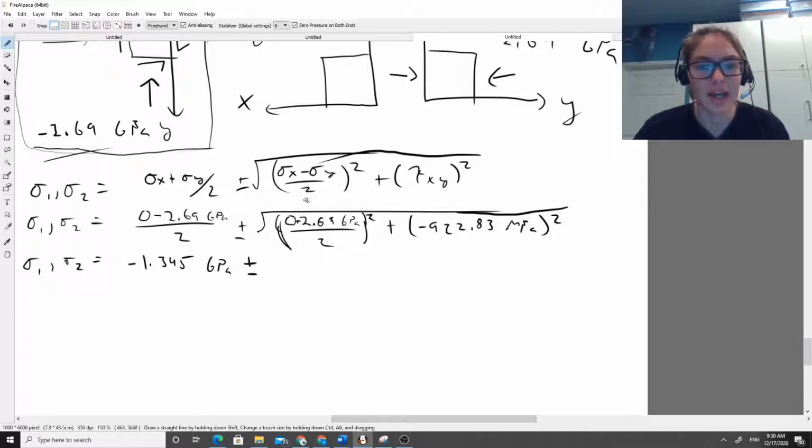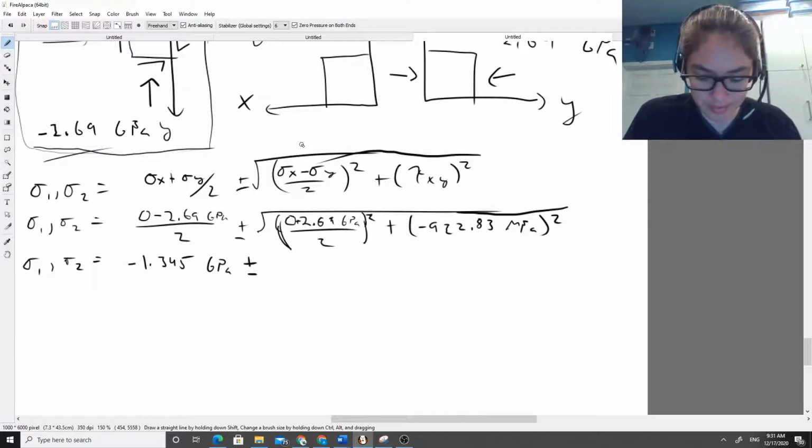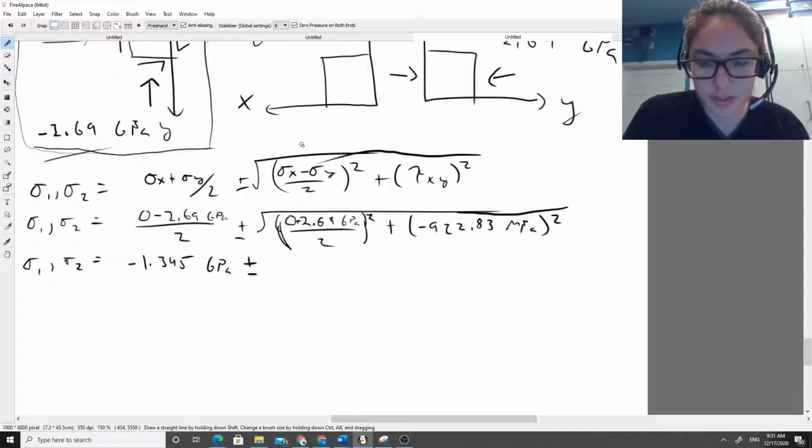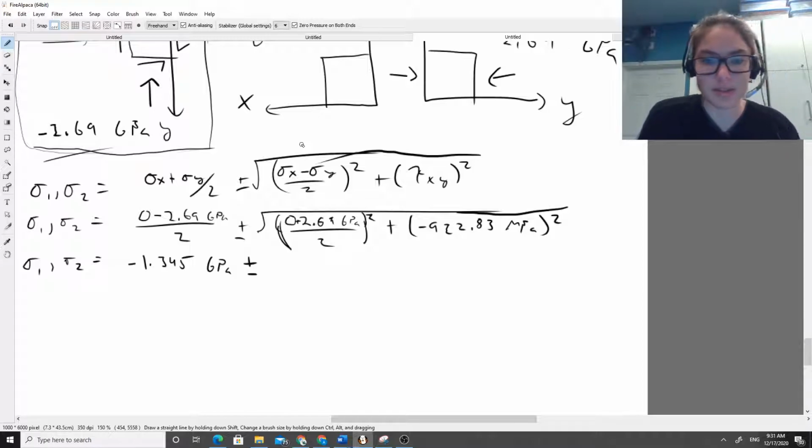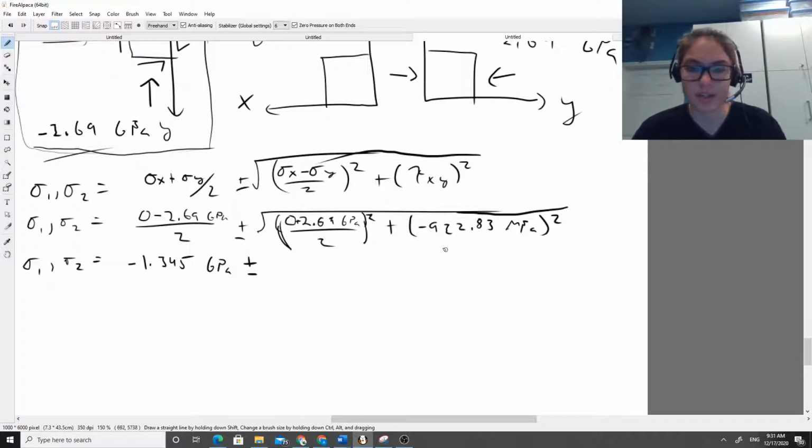Now I'm just going to plug all of this into the calculator. So I'm going to say 0.92283 squared. Keep in mind that this is in megapascals and this is in gigapascals.